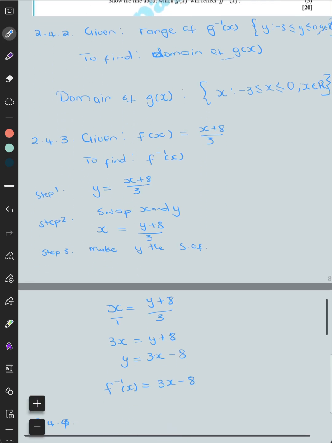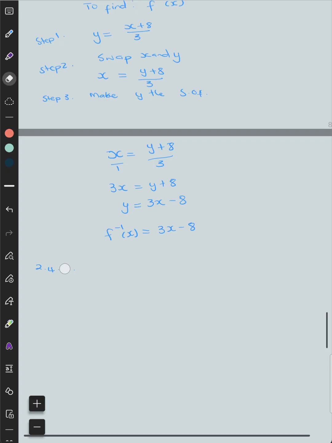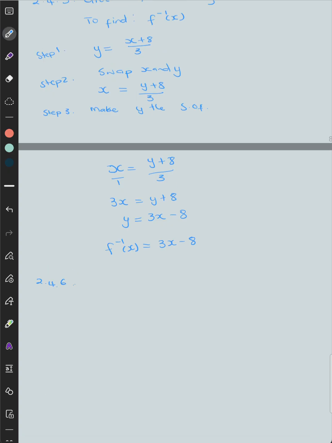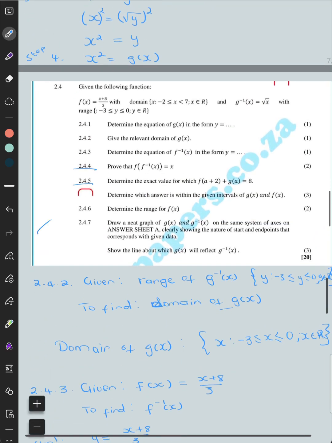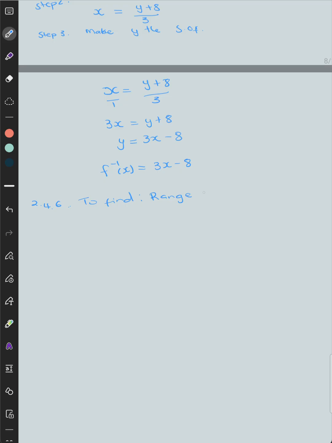Now 2.4.6 says determine the range of f of x. So we are looking to find the range of f of x.